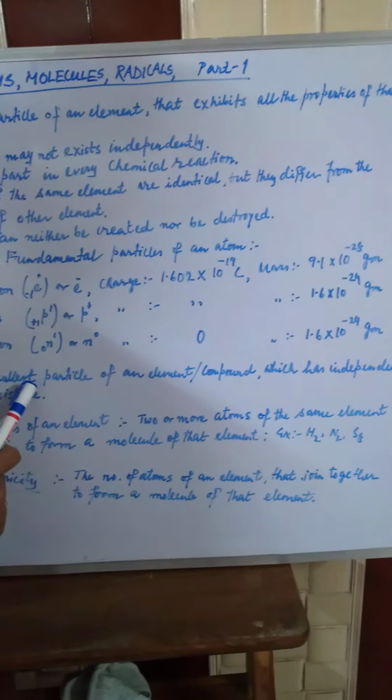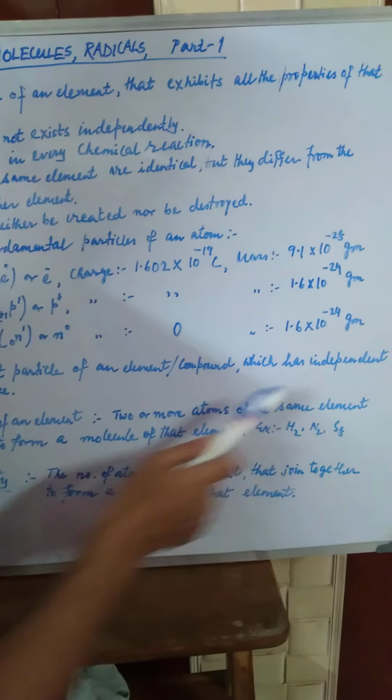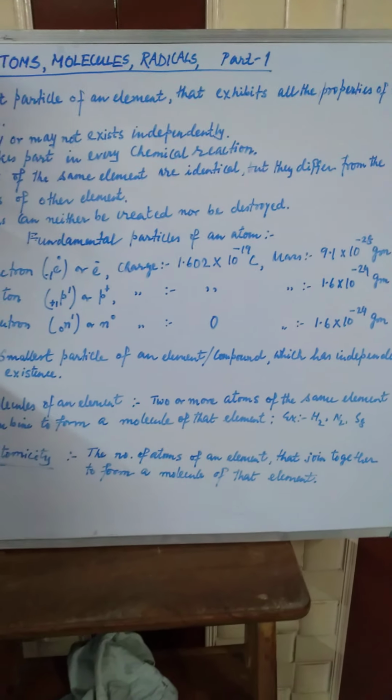It may be an element or a compound, but the difference is that the molecule of any substance has an independent existence. When atoms of the same element or different elements combine with each other, they form the molecule of that substance.